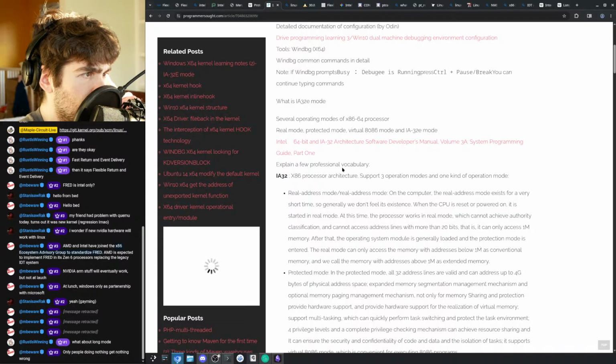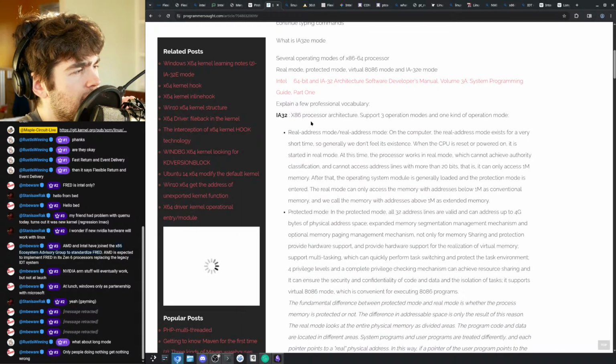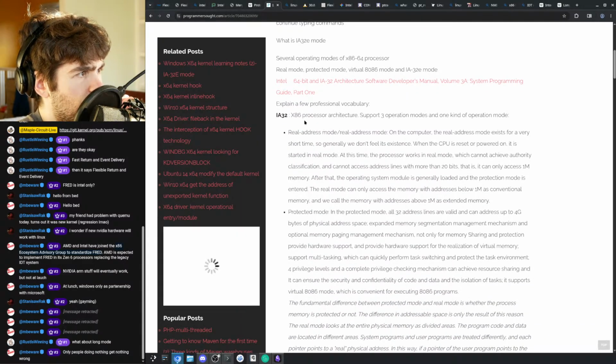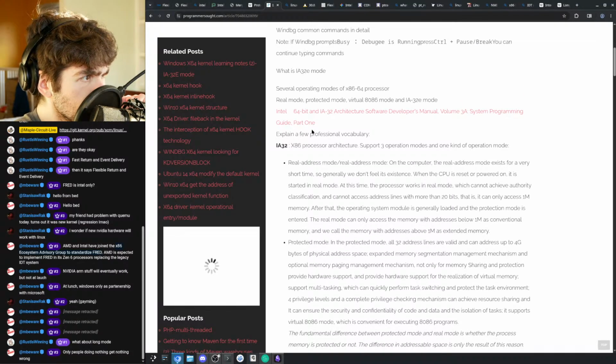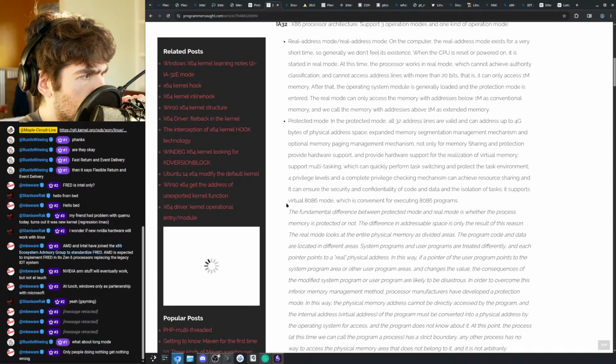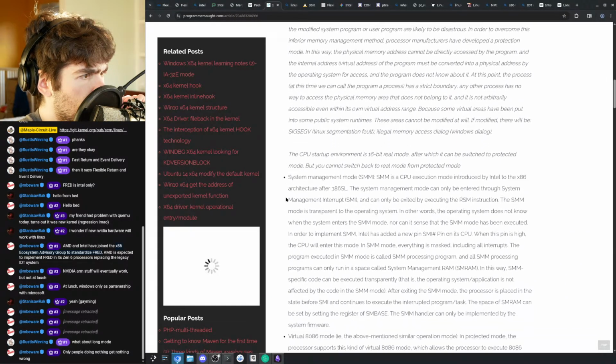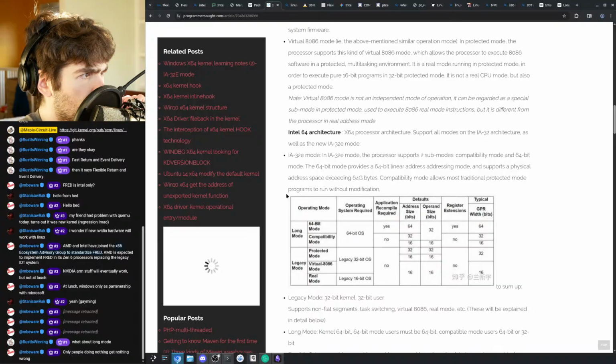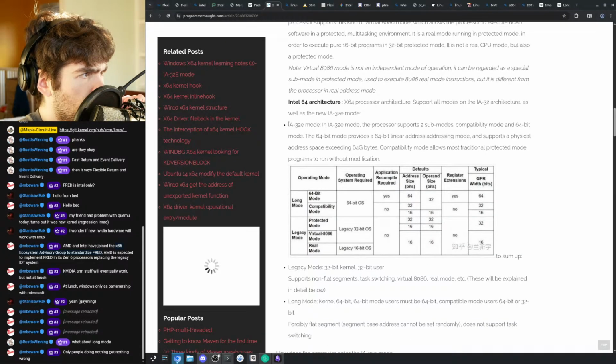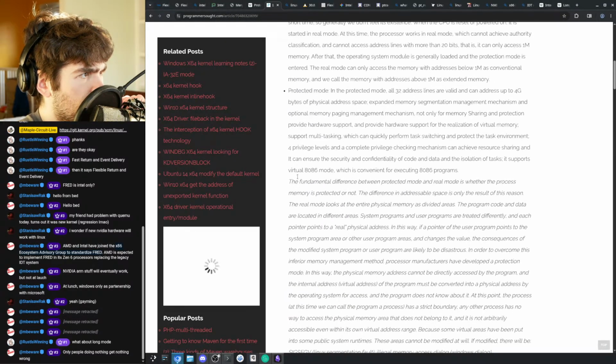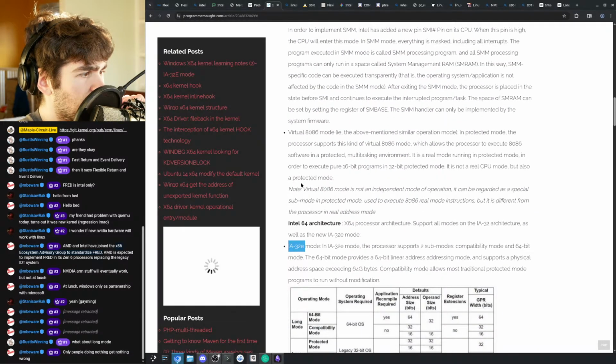The IA-32 x86 processor architecture supports 3 operating modes and 1 kind of operation mode.